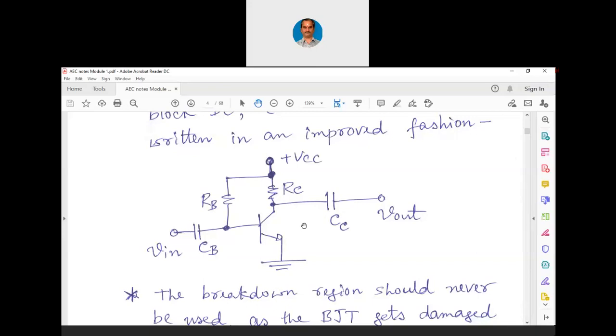If it is a geostationary satellite, it is 36,000 kilometers away from Earth. So when the satellite is beaming its radio waves onto the surface of the Earth, the signal will not be in millivolts. It will be in microvolts. Sometimes it may be in nanovolts. Sometimes it may be in picovolts.